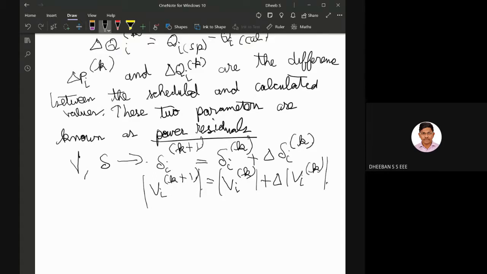Based upon your value of k, that is, based upon the convergence value epsilon, the iterations increase.